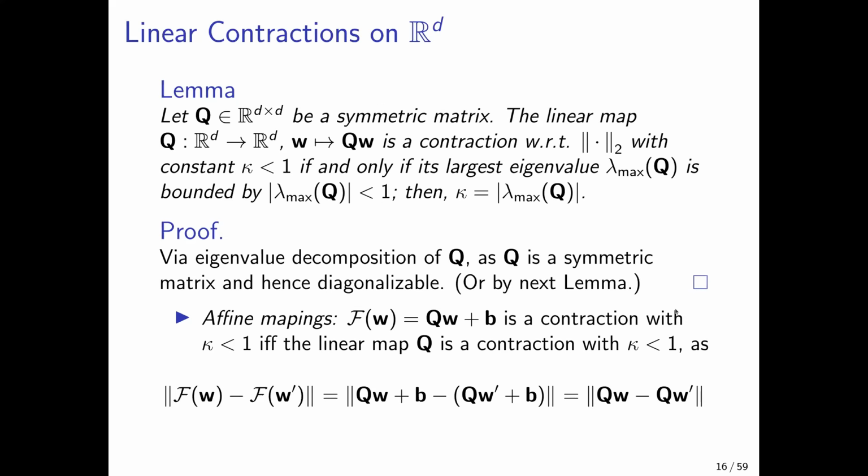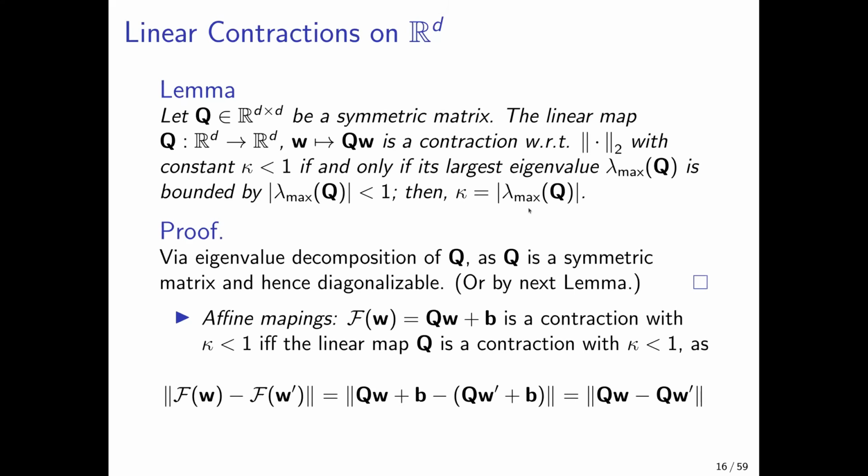So you can consider the symmetric matrix Q here, and a linear map associated to this matrix Q. Then we can say that it is a contraction with respect to the L2 norm or Euclidean norm on Rd, and with contraction factor kappa, if and only if its largest eigenvalue, in absolute value, is strictly smaller than 1. And exactly this becomes the contraction factor.